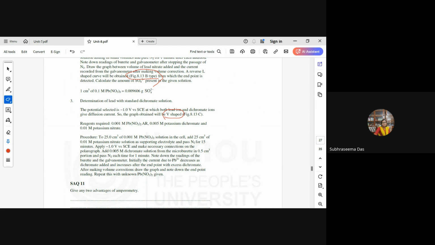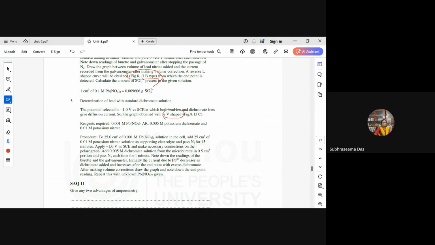For the procedure, 25 ml of 0.001 molar lead nitrate solution was taken. 25 ml of potassium nitrate was added as the supporting electrolyte, and nitrogen was passed for 15 minutes. Then minus 1.0 volt was set as the condition in the polarograph.